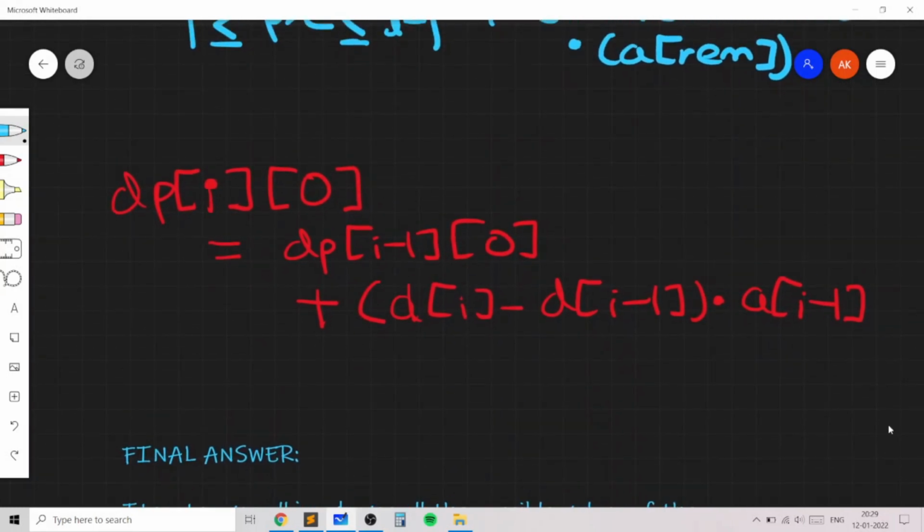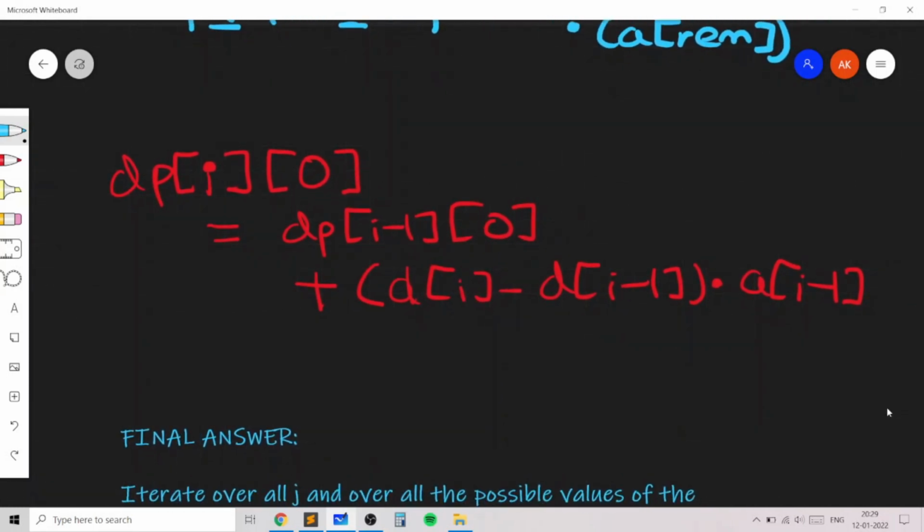So for the final answer, we know that the i value is basically n plus 1. We know that this holds, and we need to iterate over all possible j.